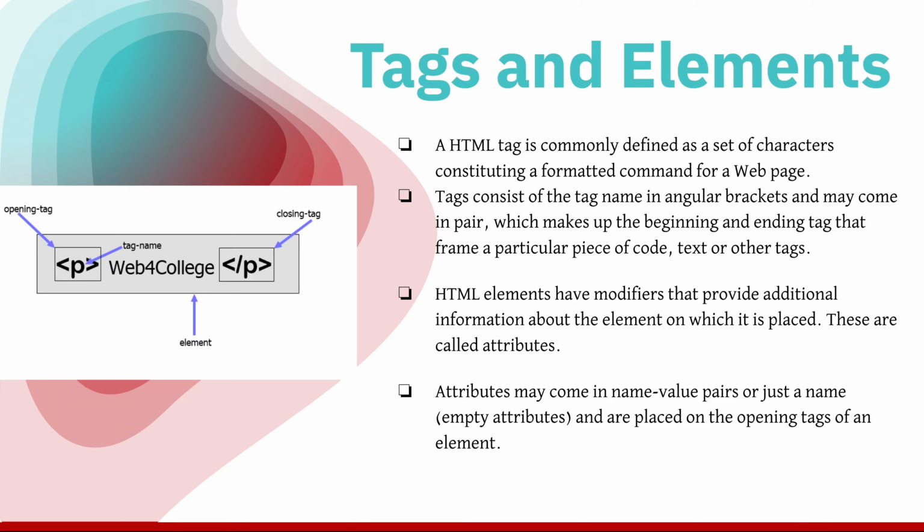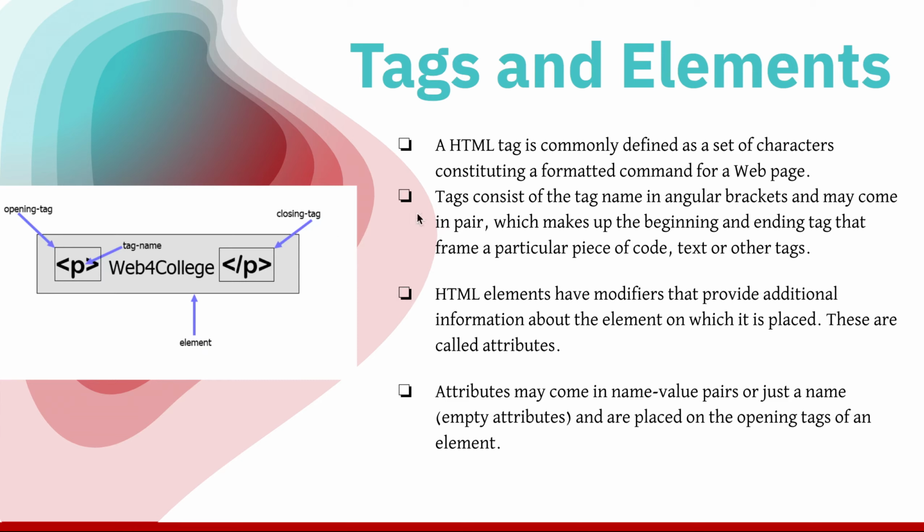Now, the whole thing, all right, there is some content here. So P, arguably, intuitively would be used for paragraph. Okay, so this is Web College 4. It's actually supposed to be displayed as a paragraph. Now, this content here, together with the opening tag and then the closing tag, all is known as what?